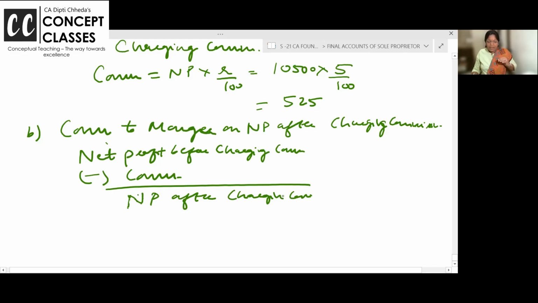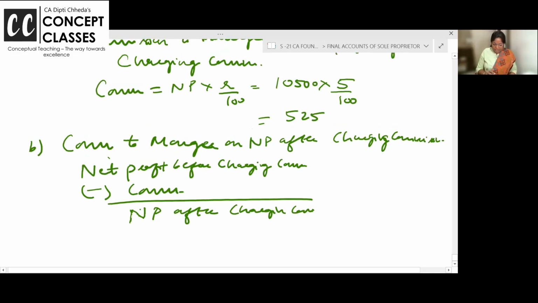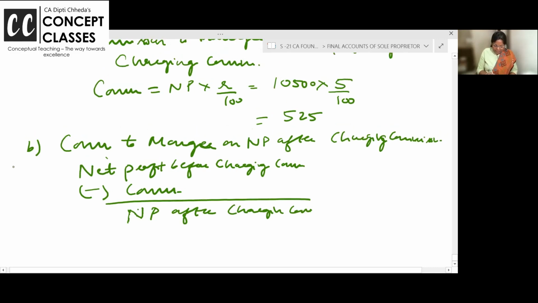This time in the B bit, that is the next problem number 21, they have called it. These are all small problems. Now look, 5% commission you have to pay on the profit after charging the commission. So if it is 5% on the profit after charging the commission, let this be 100, this be 5.